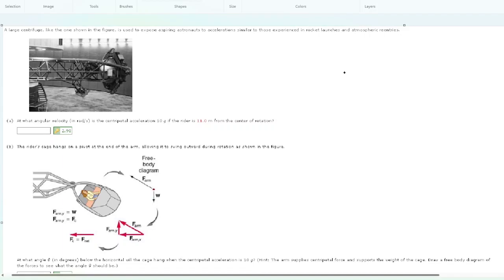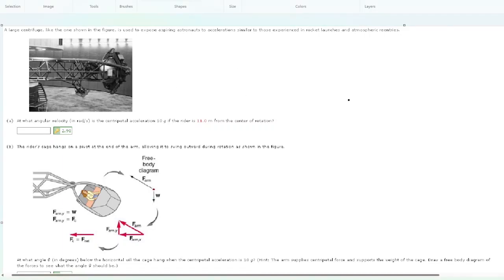A large centrifuge, like the one shown below, is used to expose aspiring astronauts to accelerations similar to those experienced in rocket launches and atmospheric re-entries. At what angular velocity in radians per second is the centripetal acceleration 10 g if the rider is 11 meters from the center of rotation?